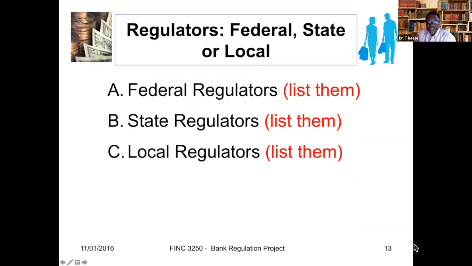On slide 13, we want to list any federal, state, or local regulators who are responsible for monitoring or regulating this activity. Again, once you list them, change the font color from red to black.